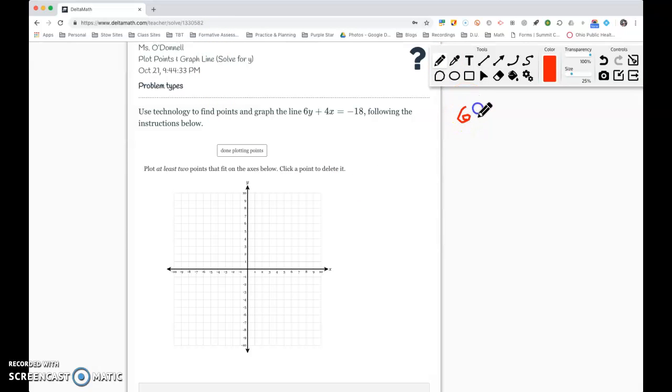So if I have 6y plus 4x equals negative 18, and I'm solving it for y, I'm going to use reverse order of operations, or SADMEP, to help get rid of everything that's attached to y, to isolate that variable.